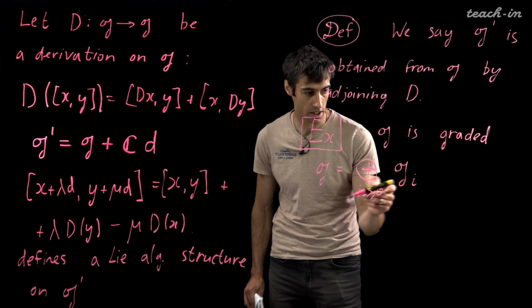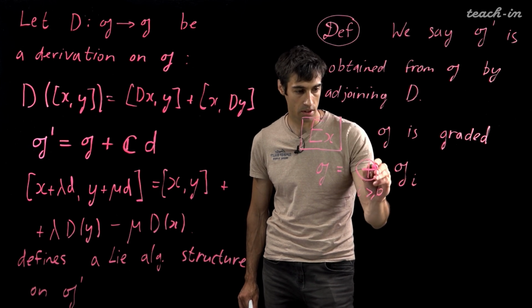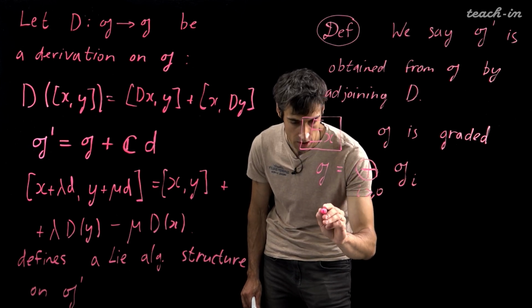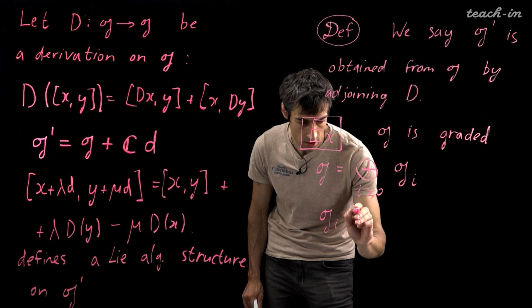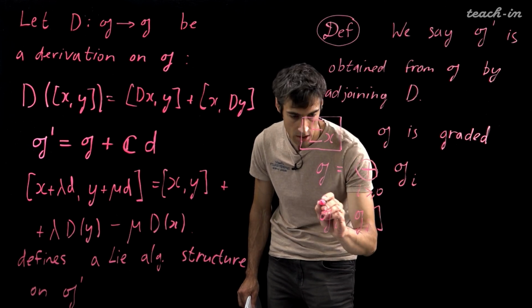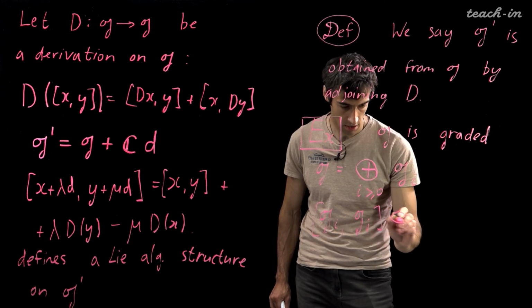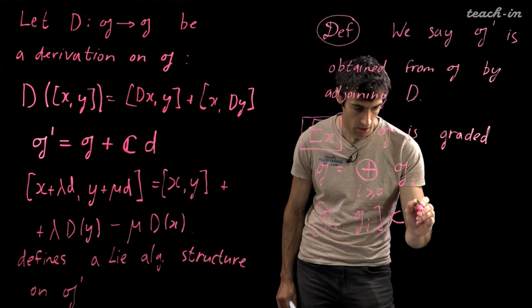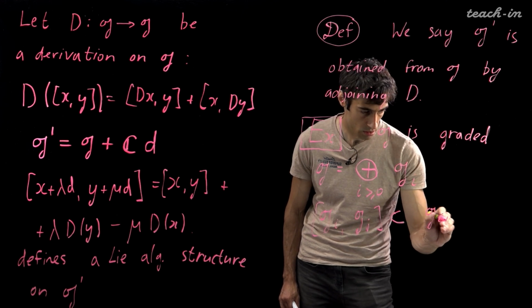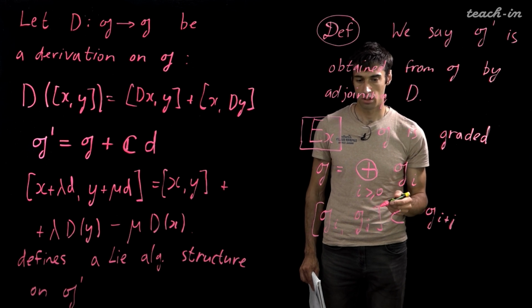What's important is how the Lie bracket behaves under this decomposition. If I take gi and commute with gj, all elements of such a thing will be in g i plus j. So by definition, we will say that G is a graded Lie algebra.